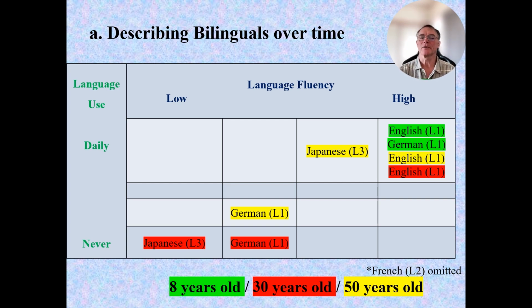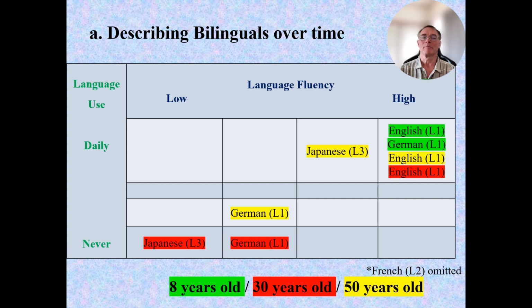When I was 30 years old, I moved to Japan. I didn't speak Japanese. And so language use, never. And language fluency, low or no fluency, basically no fluency at all.